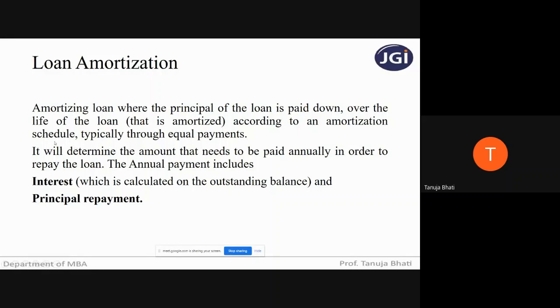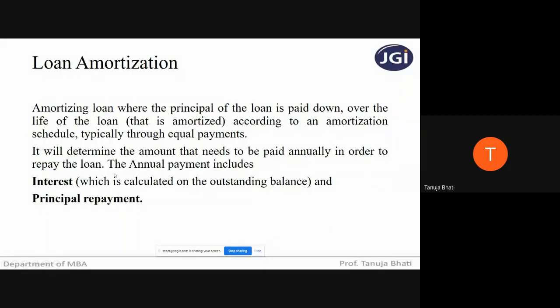We are going to follow an amortization schedule, which I'm going to show you in the succeeding slide: how to calculate the principal repayment, how to calculate the interest, and how to calculate the installment amount, typically through equal installments. It will determine the amount that needs to be paid annually in order to repay the loan.